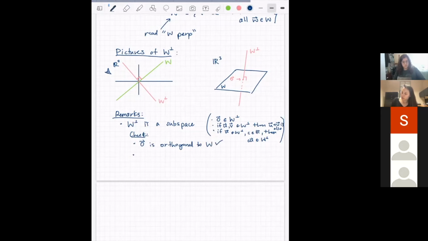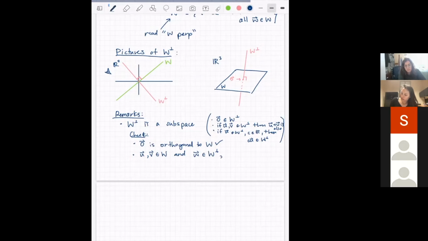If we have U and V in W, and W is any vector in W perp.